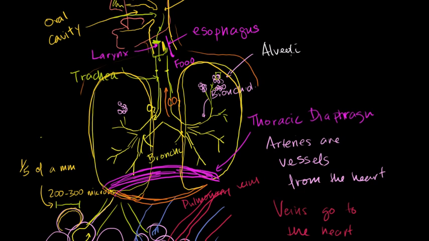So when we breathe in, our brain is telling our diaphragm to contract. The diaphragm contracts, we have more space around our lungs, and our lungs expand to fill the space.